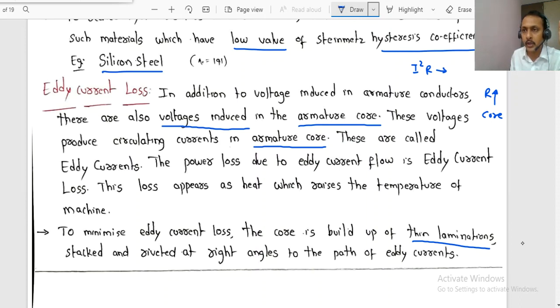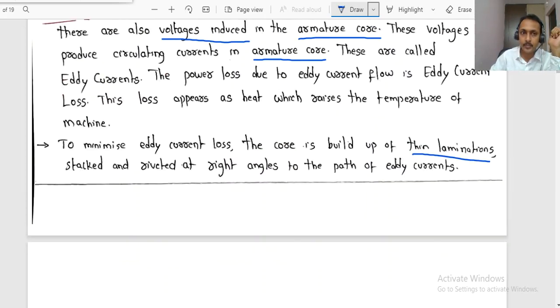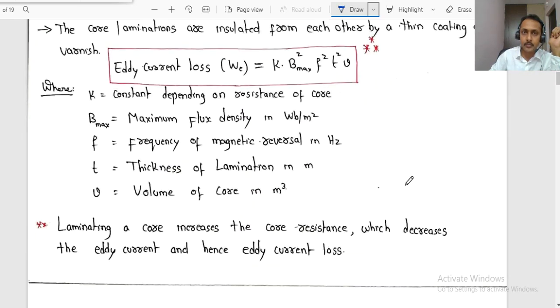This induced voltage will produce the circulating currents in the armature core. If you want to minimize, use the laminated core, right? So simple. Those are insulated from each other using the varnish insulating material.